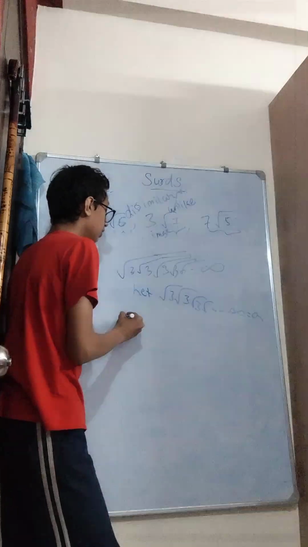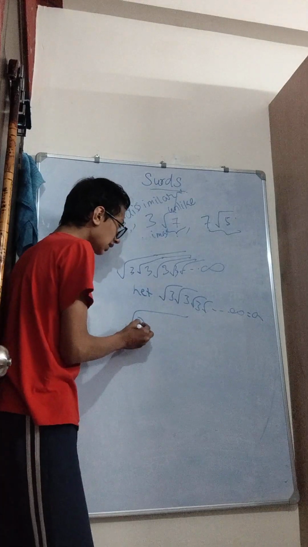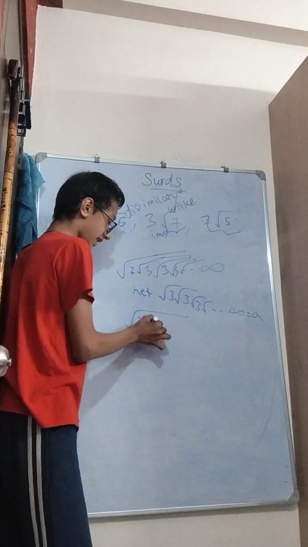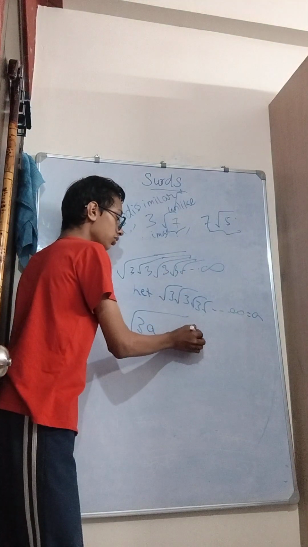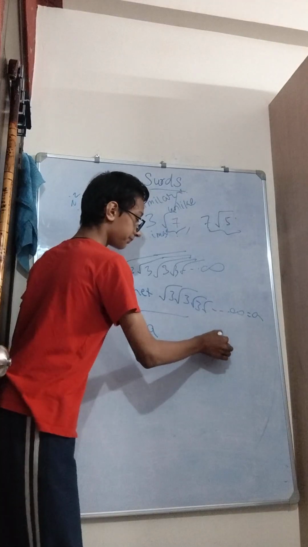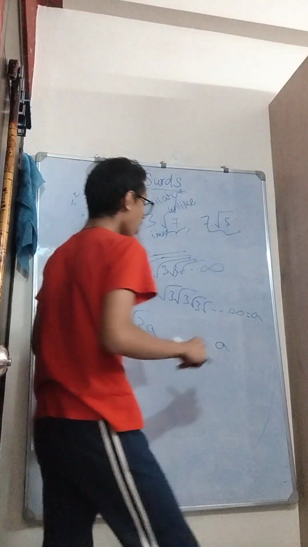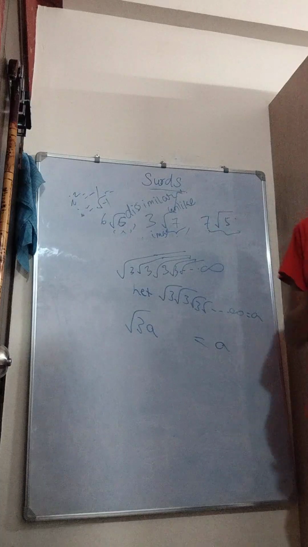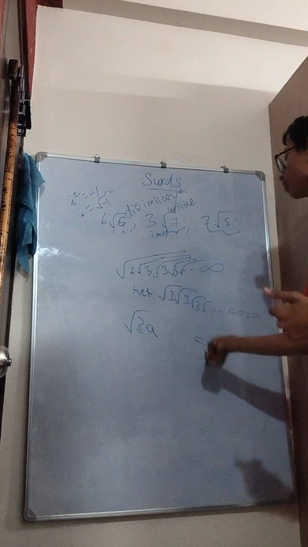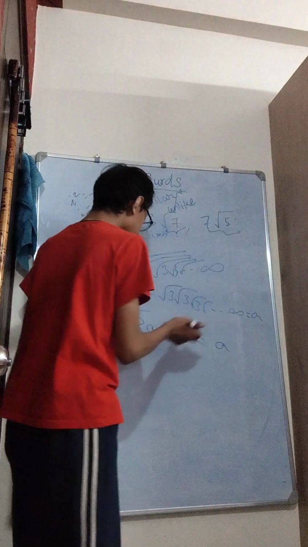So then root 3 into A is equal to A. How this? Because anyways it's going infinite. If we take one term from infinite, it will still be infinite itself. So this will be A. So now transpose this to the other side.